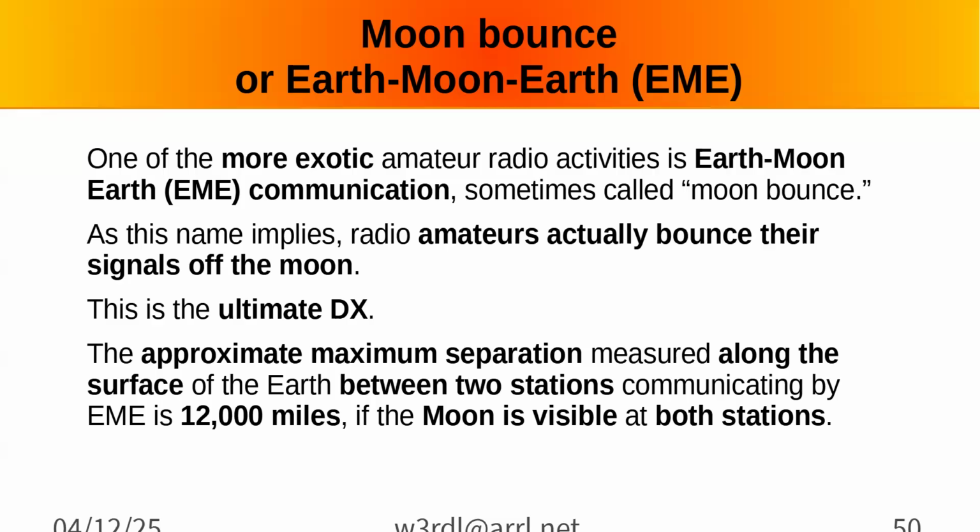Remember, we're sending up a lobe, kind of elliptical in shape, so it's the beam width of the lobe versus the angular distance of the width of the moon, and how much of it actually gets reflected back. It's gonna absorb some, because it's moon dust, which is probably not a good reflector.